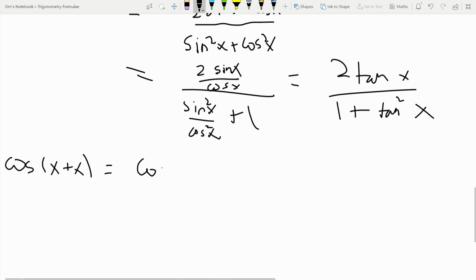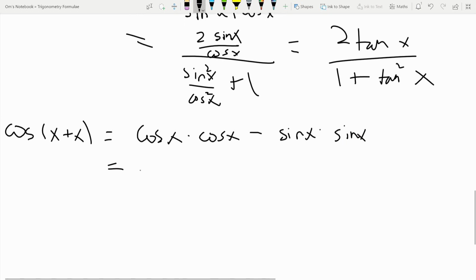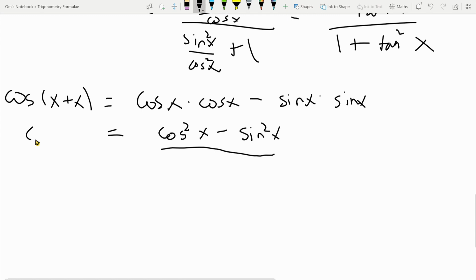So we can write this as cos x into cos x minus sin x into sin x. Alright, so this is equal to cos square x minus sin square x, and this is the default form of this identity if you prefer, but there are many different forms of it, and this is what you'll be looking at right now.